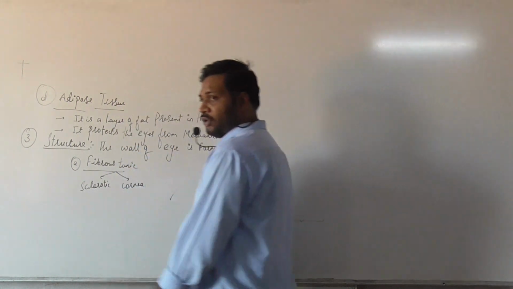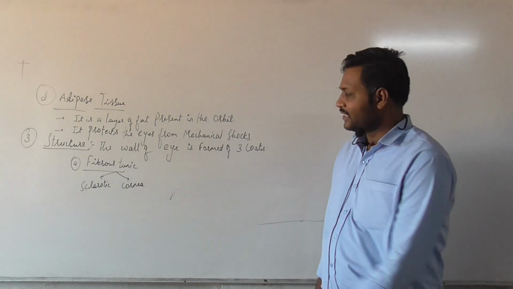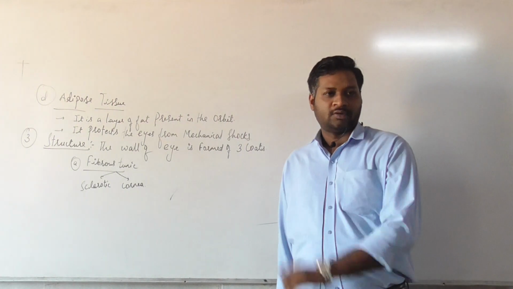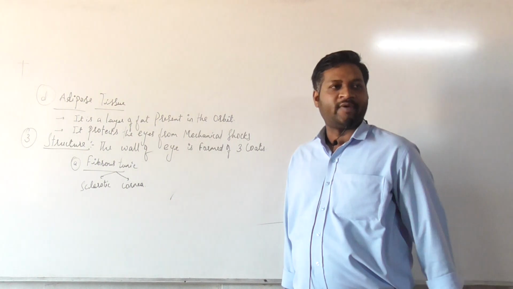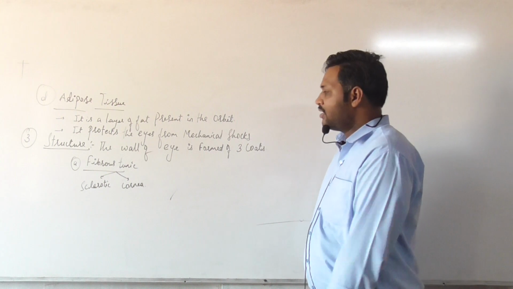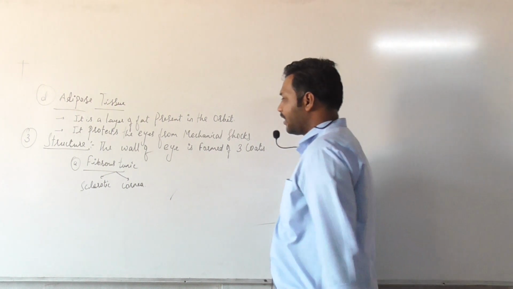These are the sub parts under the first coat, which is supposed to provide protection again. So fibrous tunic is divided into sclerotic as well as the cornea.